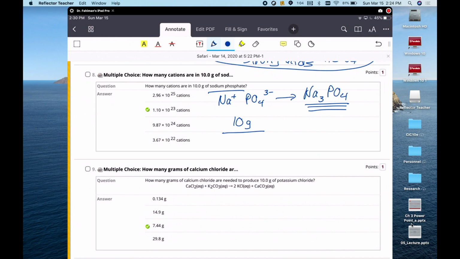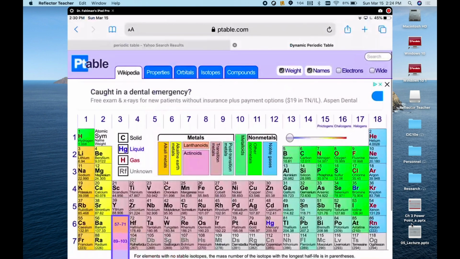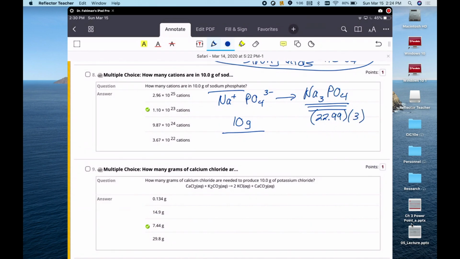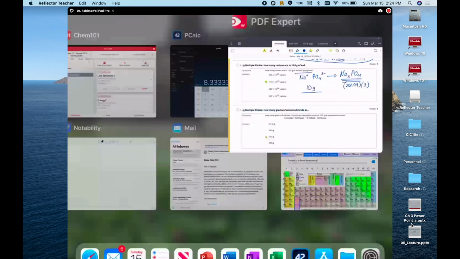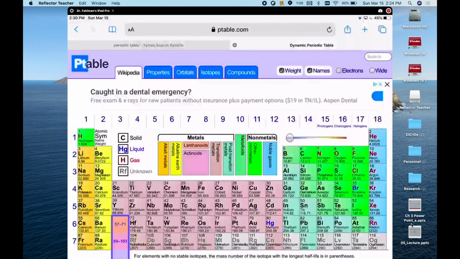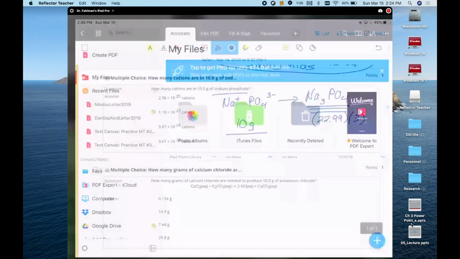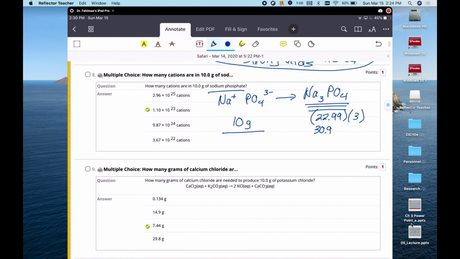Sodium is about 22.99, and we have 3 of them. Phosphorus is 30.974, and we have 1 of them. And then we'll just say 16.0, and we have 4 of those.